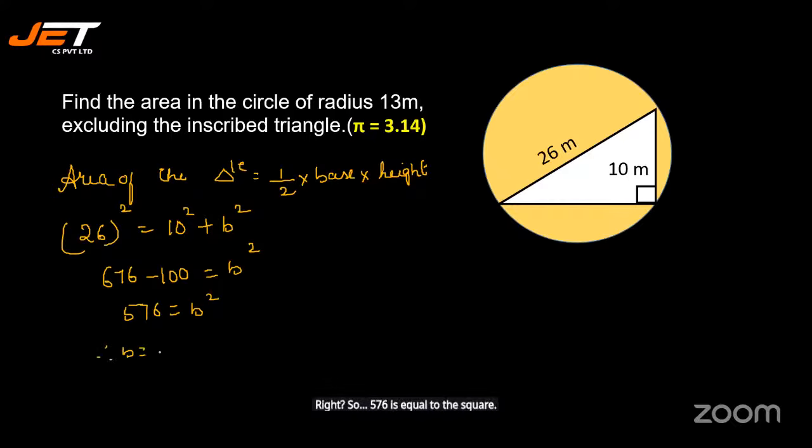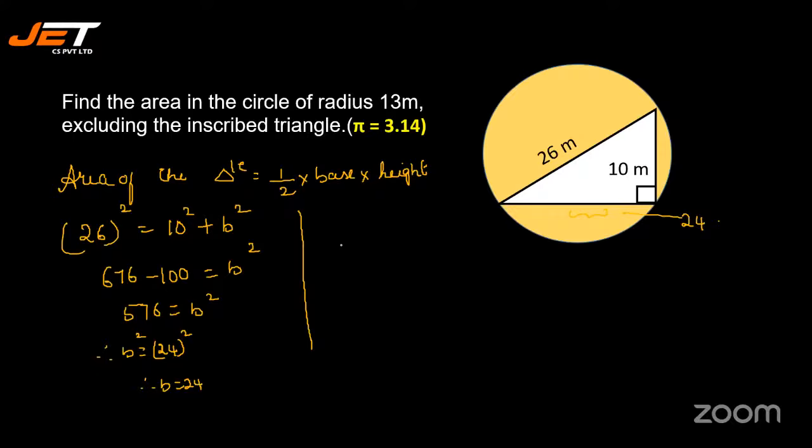Therefore, b square is equal to 24 the whole square. 24 into 24 will give me 576. So therefore, b is 24. So this is 24.